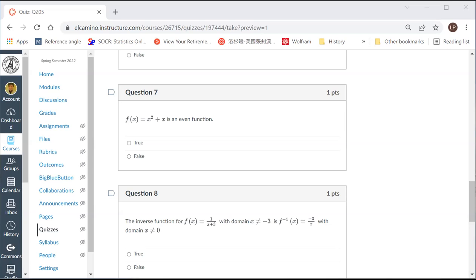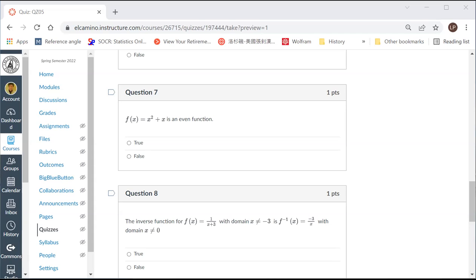So you say because f of negative x is not the same as negative of f of x, which is contrary to the definition of odd function, right?